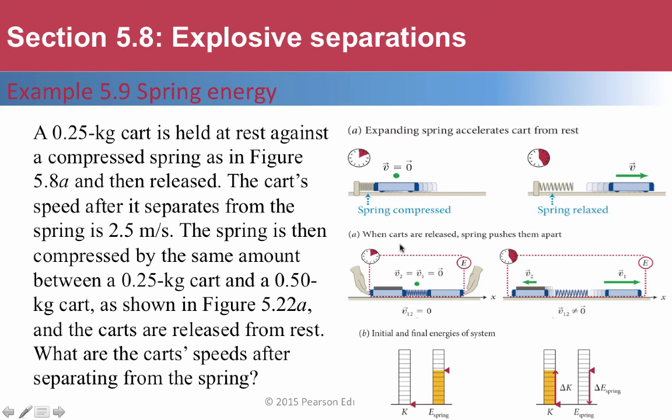Okay, next situation. We have two carts that are pushing the spring together, the same amount, and then they're released, and we want to find their final speeds. So what we know is the same is the amount of energy stored in the spring, and we can quantify it, give it a number, from the first situation where we knew the amount of kinetic energy after the carts were let go, and then relate it to the second situation.